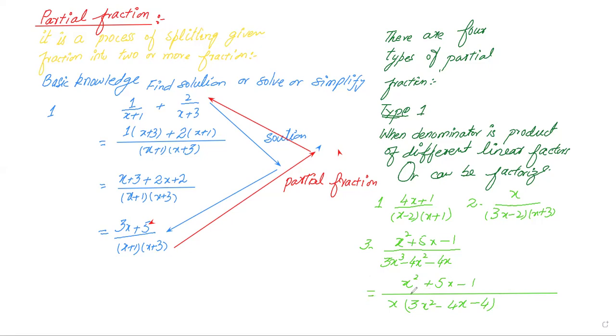The second factor can also be factorized, so you have the factors. Clear? So the first type consists of all denominators whose factors are given or can be factorized.